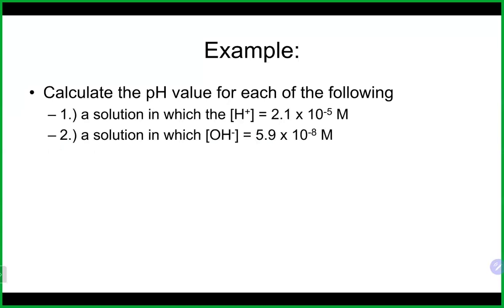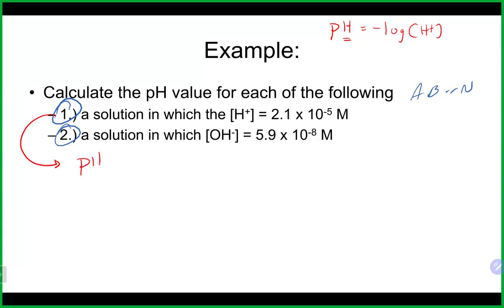All right, let's try some here. For each of these, calculate the pH. And is it acidic, basic, or neutral, each of these solutions? Okay, so let's take a look. And again, the name there, pH, does tell you what you need to calculate it. pH means you do need the H plus concentration. So in number one, we do have the H plus concentration, which means we could just go directly into that equation.